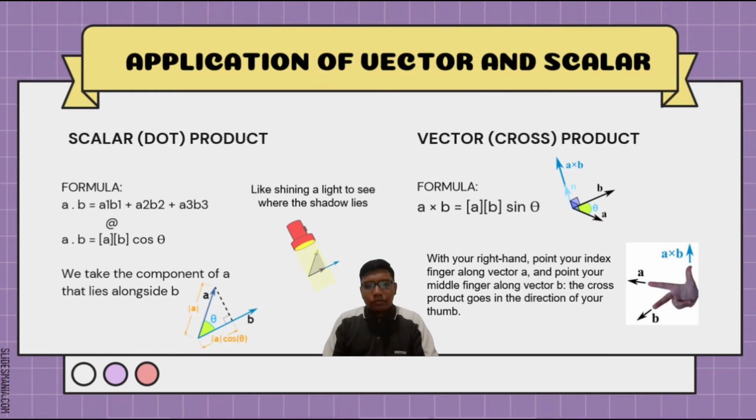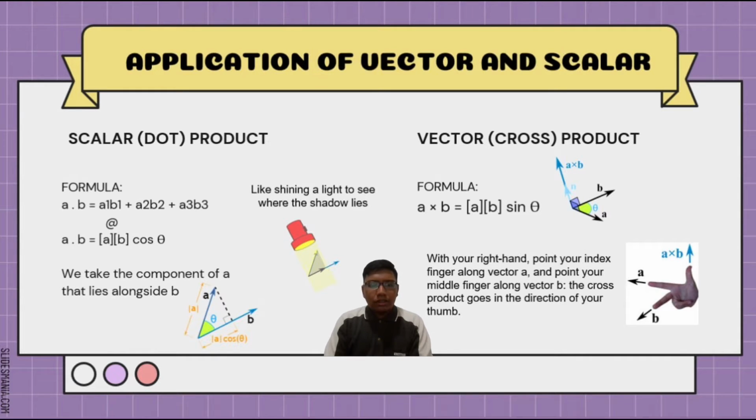The application of vector and scalar: there are two types of vector product, the first is the scalar dot product. The formula is a dot b equals a1b1 plus a2b2 plus a3b3, or a dot b equals magnitude a times magnitude b times cos theta.